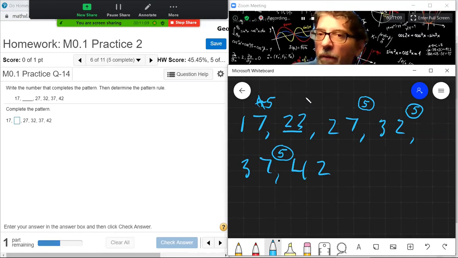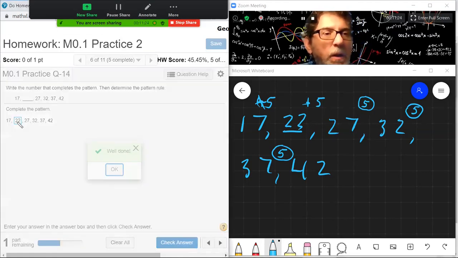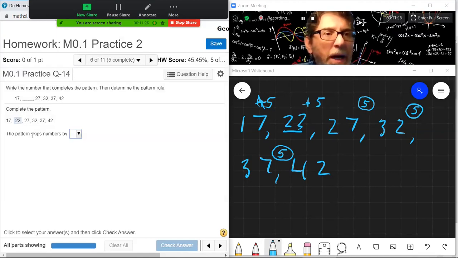Now, if we add 5 to 22, are we going to get 27? Yes, we will. And so on and so on. So we're skipping by 5, and the missing number we're looking for is 22. The pattern skips numbers by 5.